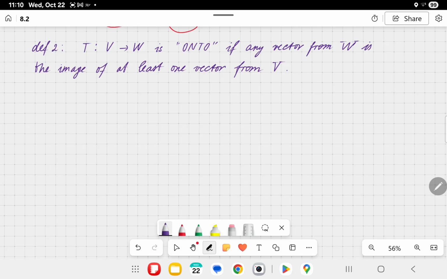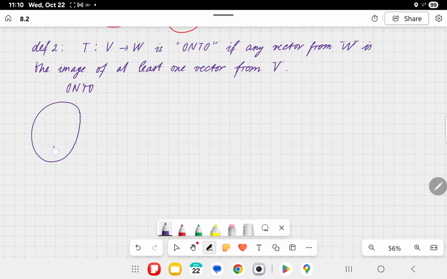I'm going to draw two pictures, showing one that is onto and one that is not. First, onto.